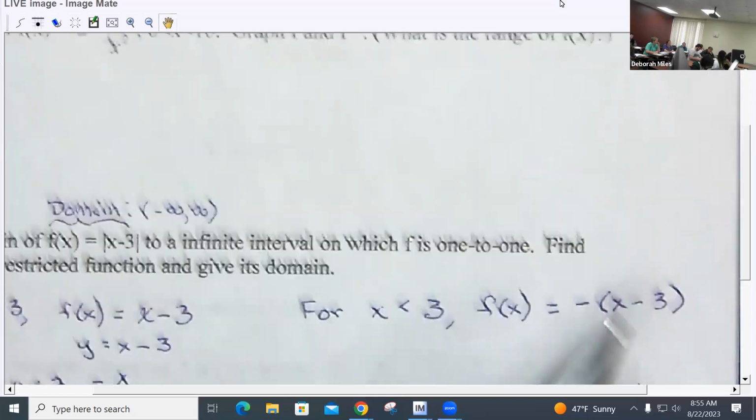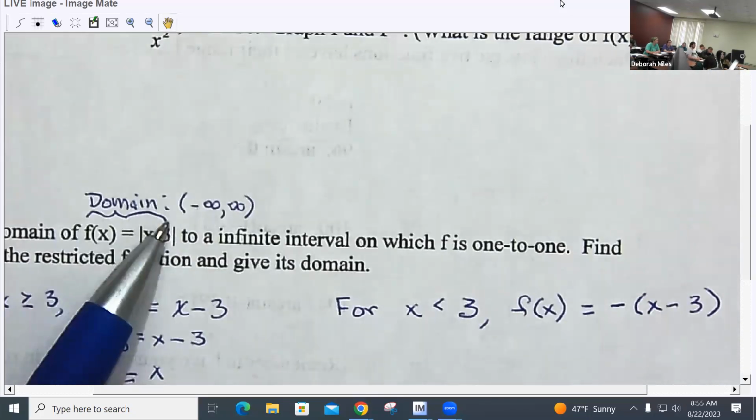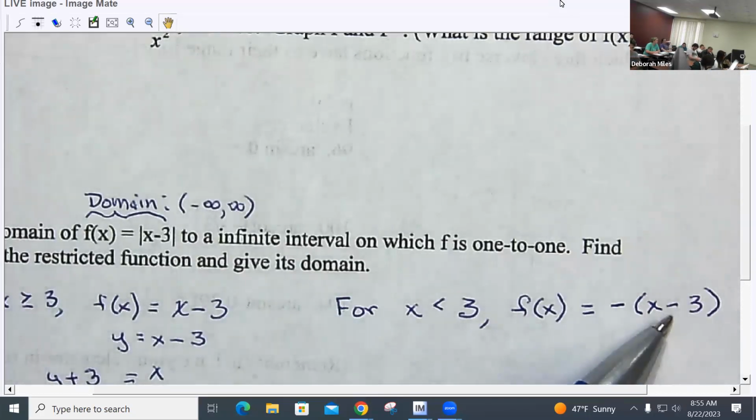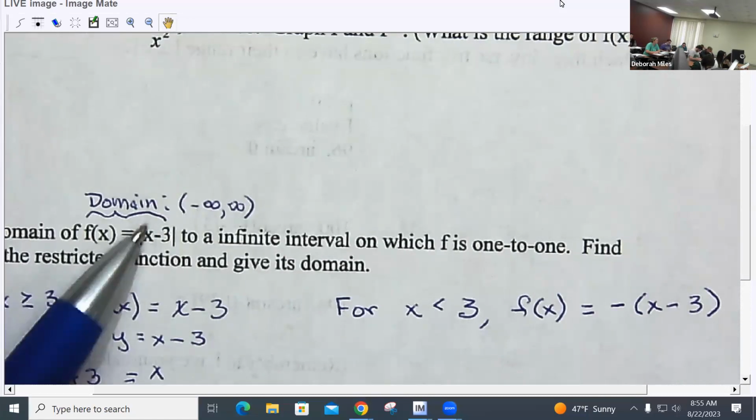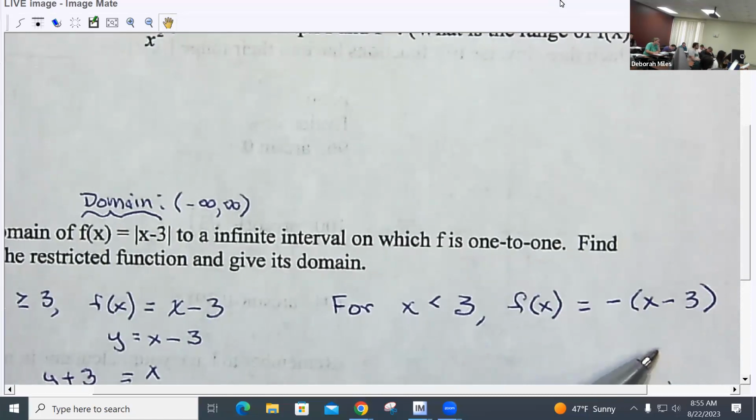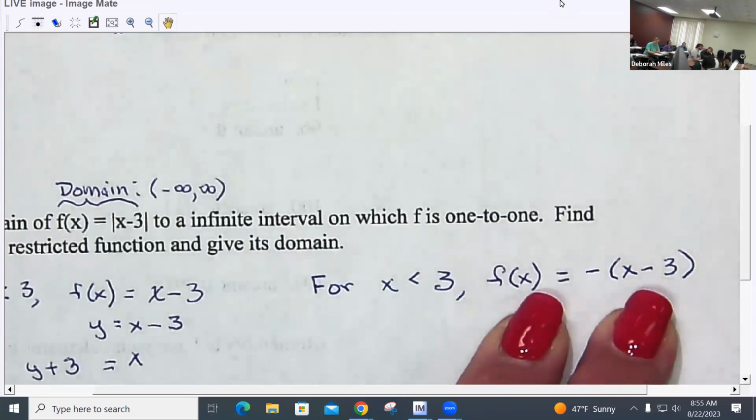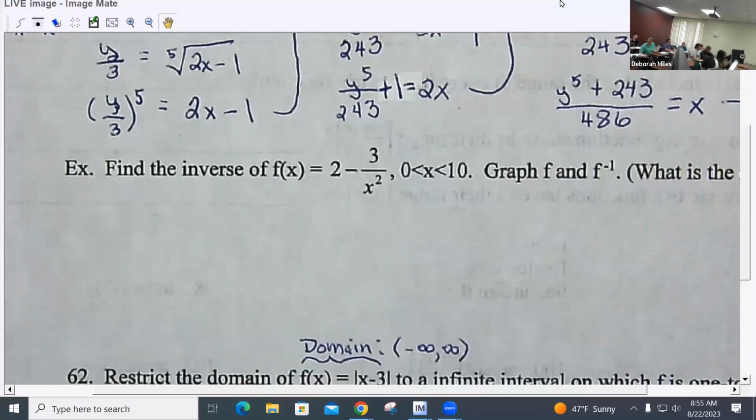If you plug 2 into this and 2 into that, you'll get the same answer. Plug in 1 into this and 1 into that, you'll get the same answer. So if we had picked the left-hand side, we would have written the function as this and found the inverse. Because we chose the right-hand side, it was a little bit simpler.